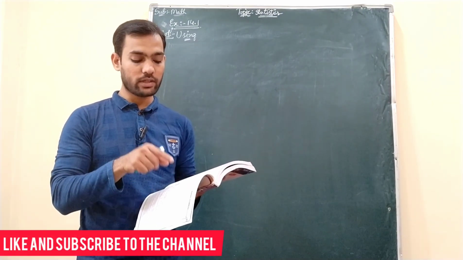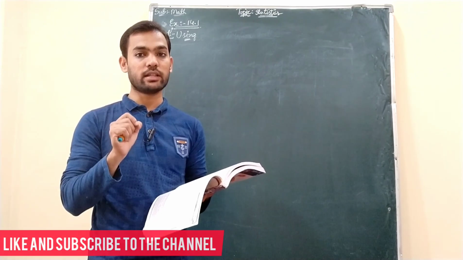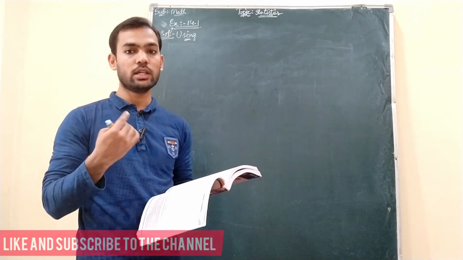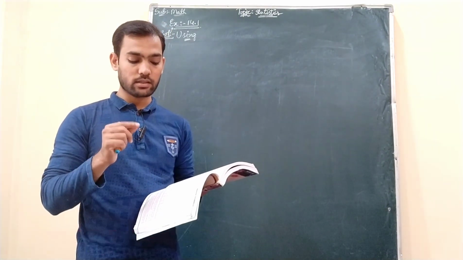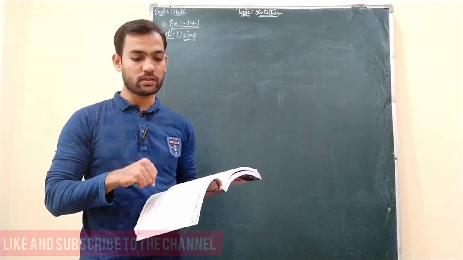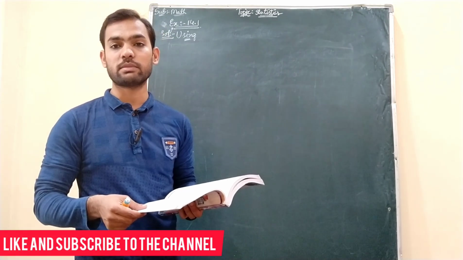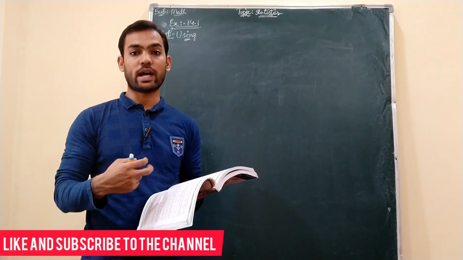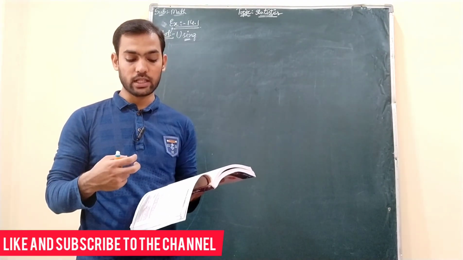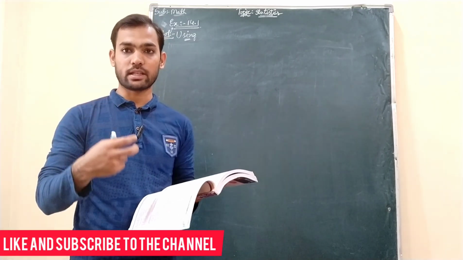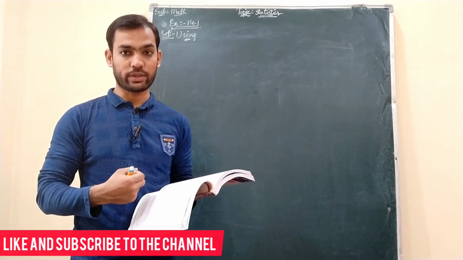So 7 children are getting either 11 rupees or 12 rupees pocket money, whereas 6 children are getting 13 rupees or 14 rupees. Similarly, the 19 to 21 frequency is missing, which means we need to find out how many children are getting the pocket allowance of rupees 19 or rupees 20.